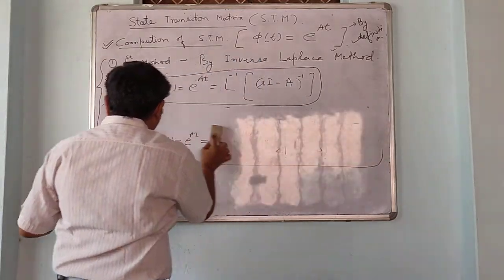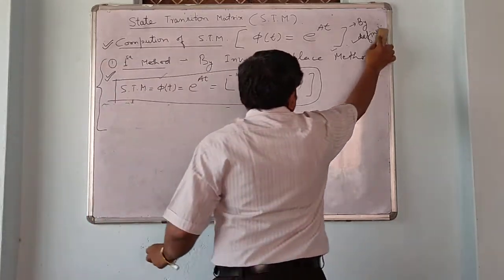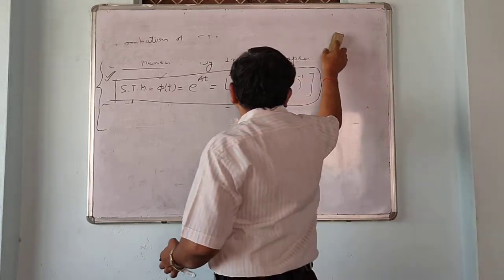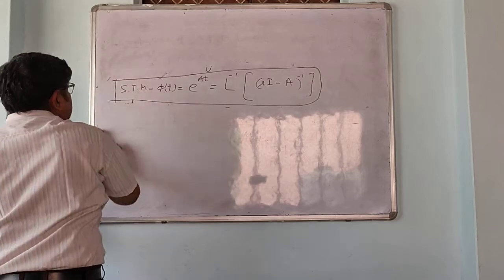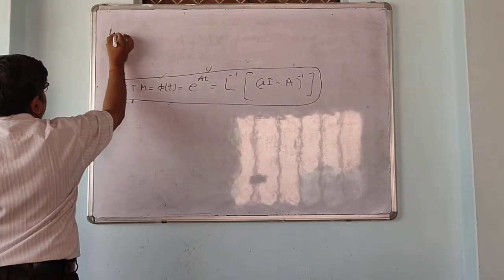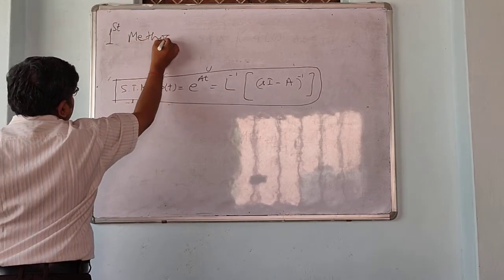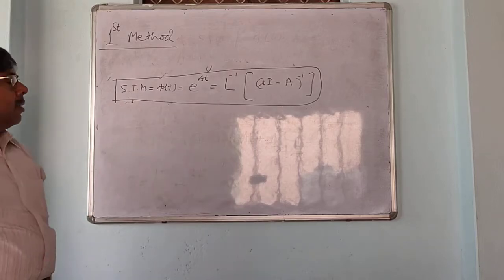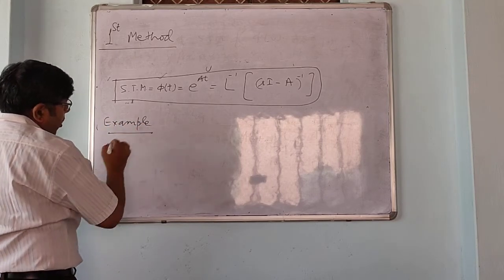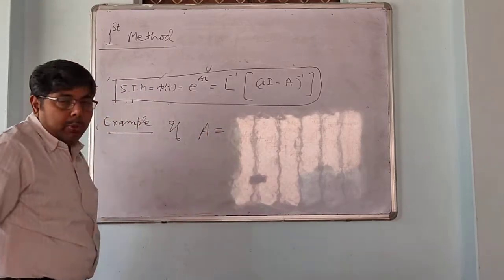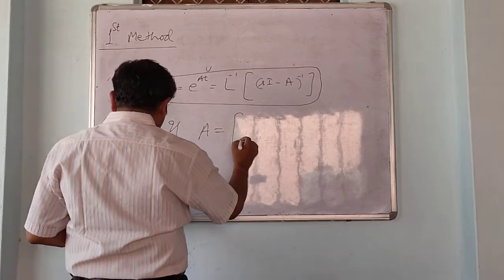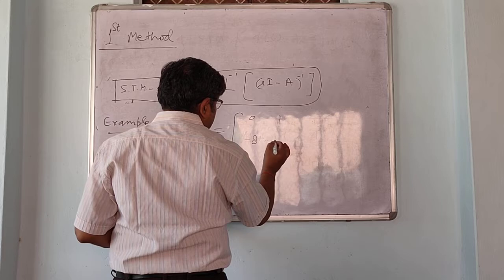So in the first method we have to find out the inverse of this sI minus A. By using this expression, we can take an example. Suppose A is given as the matrix 0, 1, minus 8, minus 6.